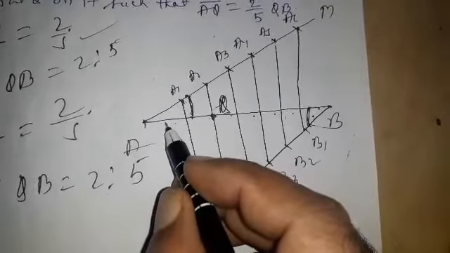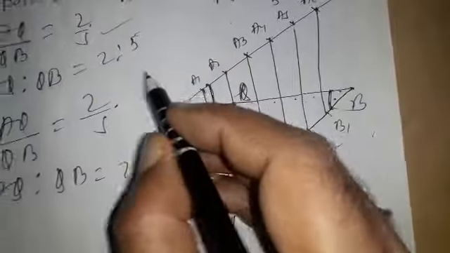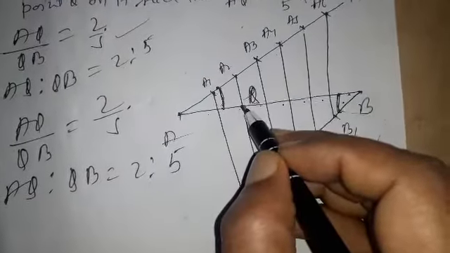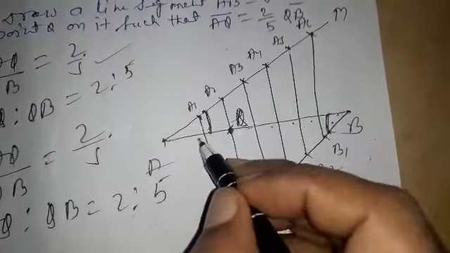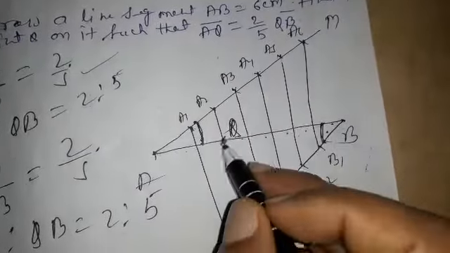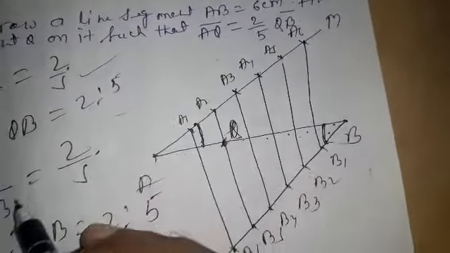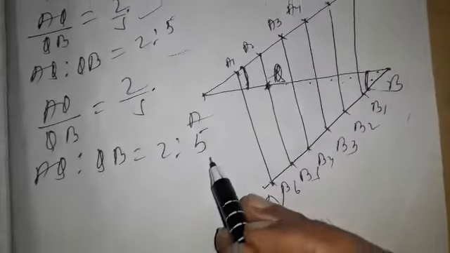Now it is divided into 7 equal parts. Now we have to divide it in the ratio 2 is to 5. So taking point Q on AB, AQ by QB is equal to 2 by 5. It means AQ is to QB is equal to 2 is to 5.